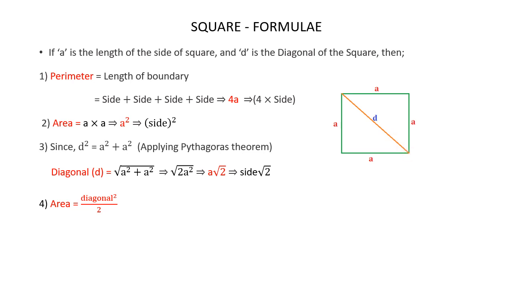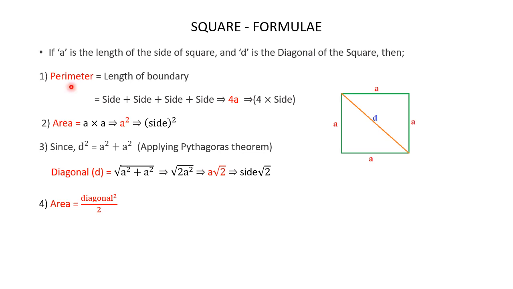Let it be D. So if A is the length of the side of a square and D is the diagonal of the square, then let's look at the formula for perimeter, area and diagonal of a square.